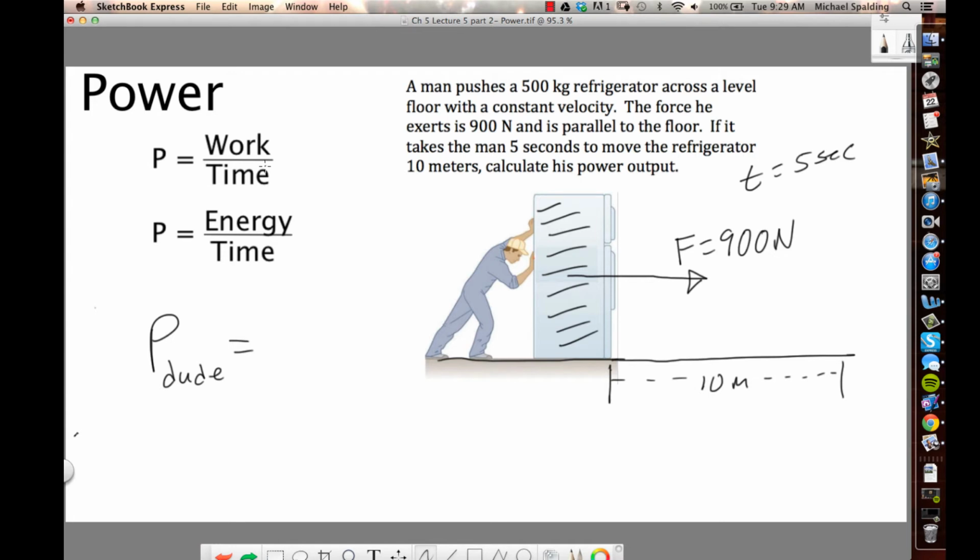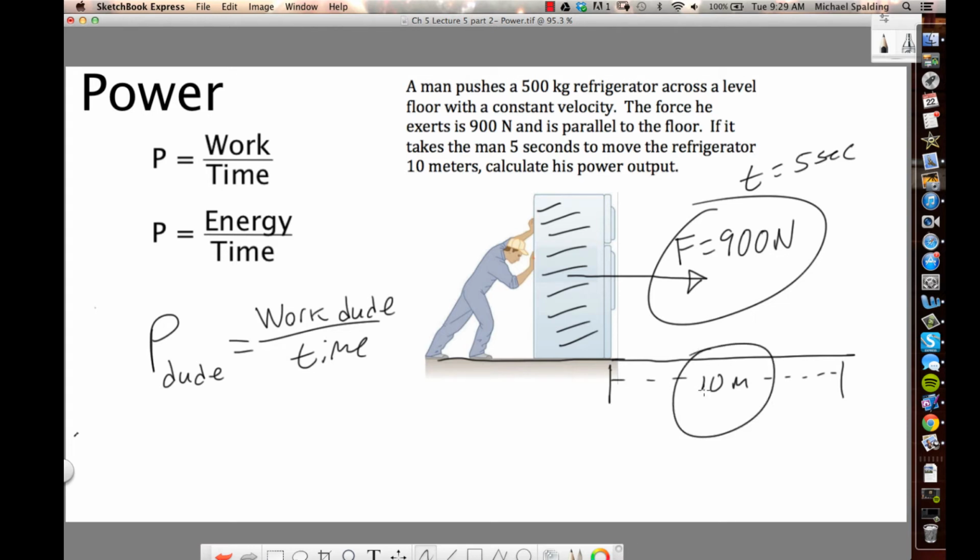Are we going to look at this as work per time or energy per time? I'd look at it as work, because the guy's doing work here. So power of the dude is the work of the dude divided by time. We can easily find the work. Do we know the force? Yeah, 900 newtons for 10 meters.